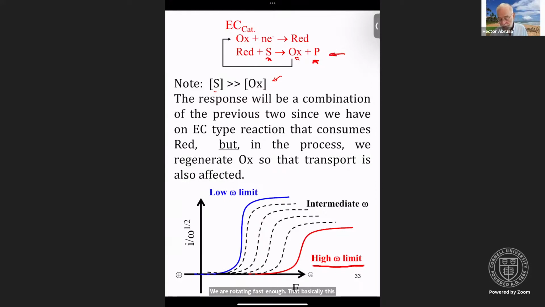It doesn't happen. And so we'll see a voltammetric profile at the potential corresponding to that process. In addition, the limiting current here will be proportional to the number of electrons in that first step.